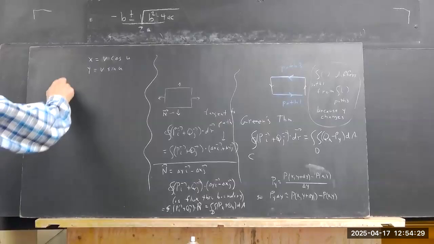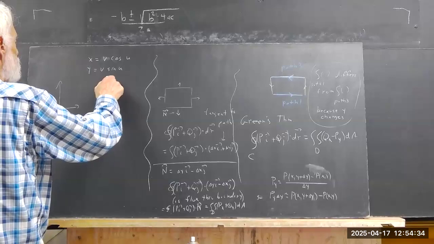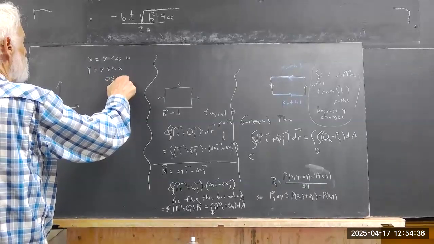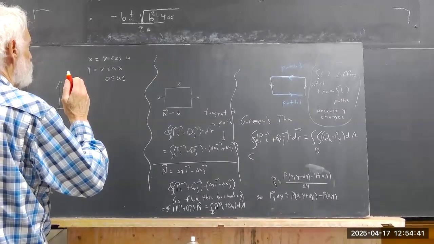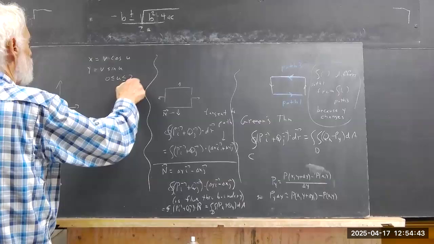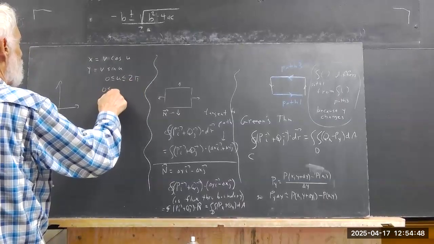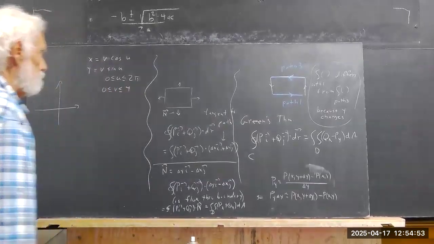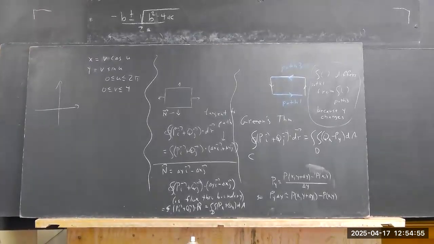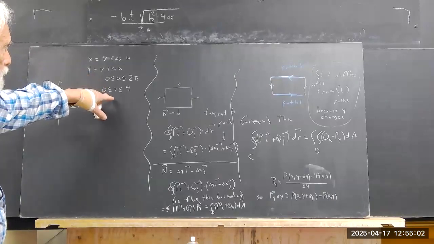In the XY plane, what do we get for a given value of V?